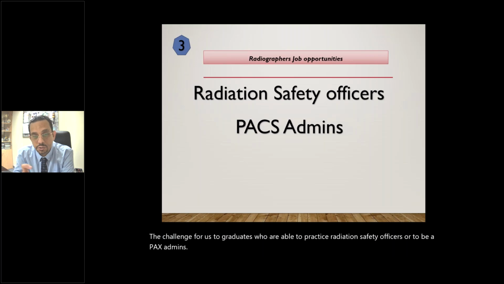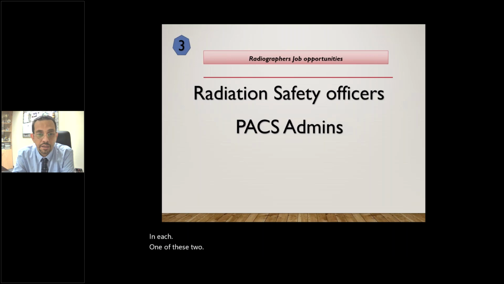In each of these two jobs, the radiographer should be very competent to compete with other professions.